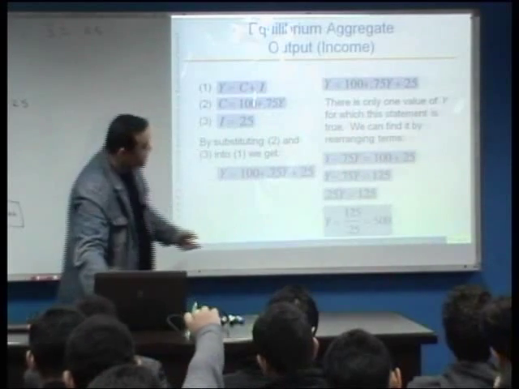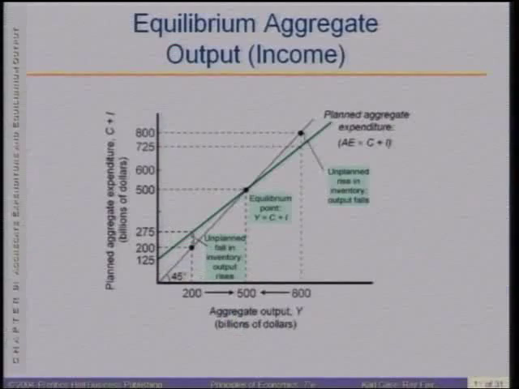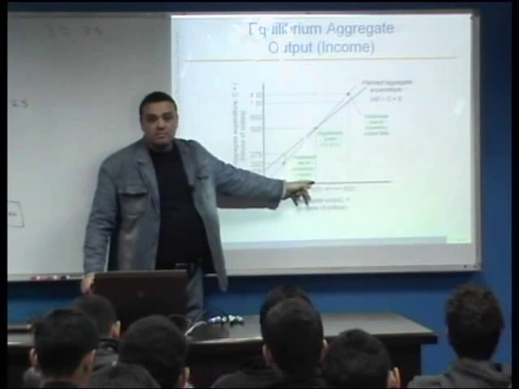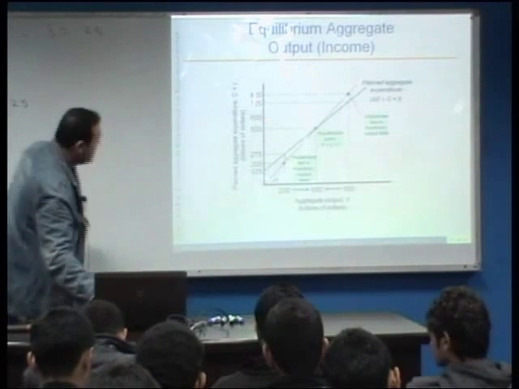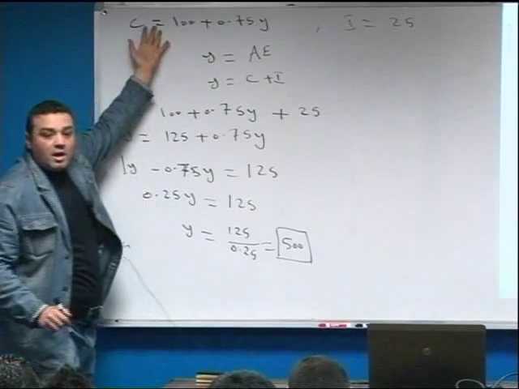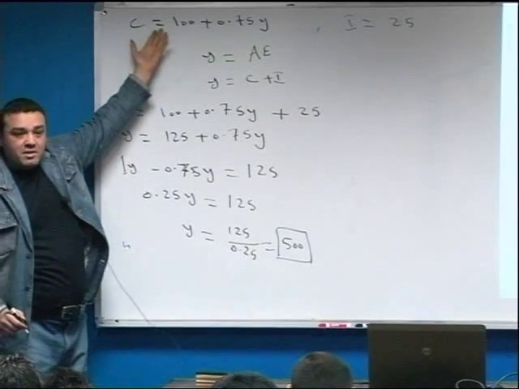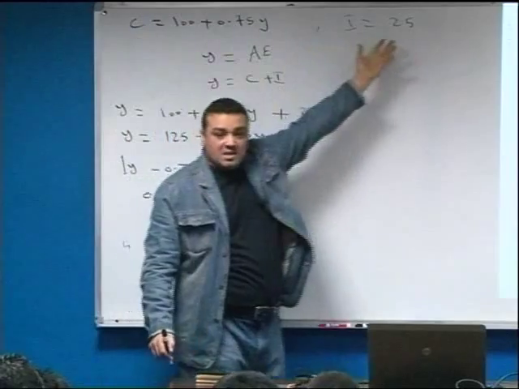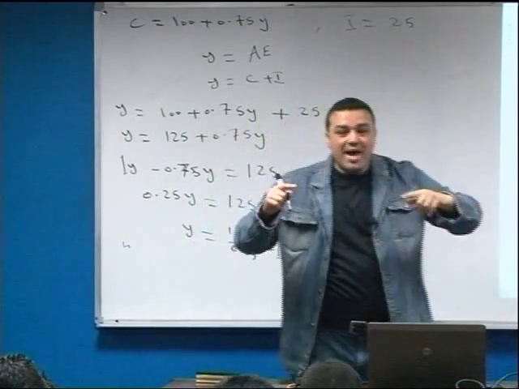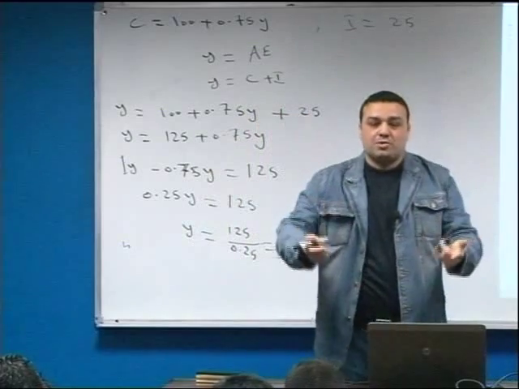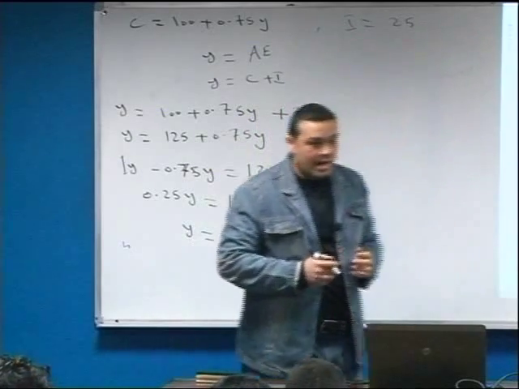And as you see, it's illustrated here. The consumption function is given, the planned investment is given. The question is to derive the equilibrium aggregate output.